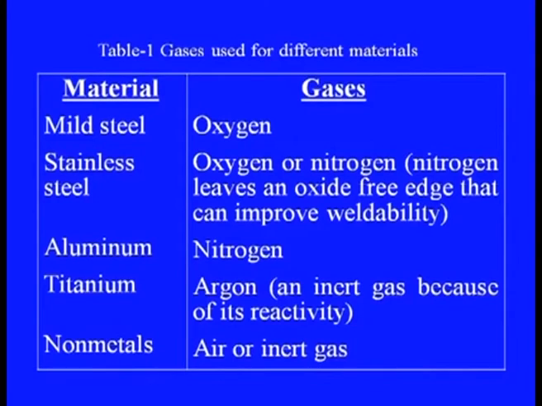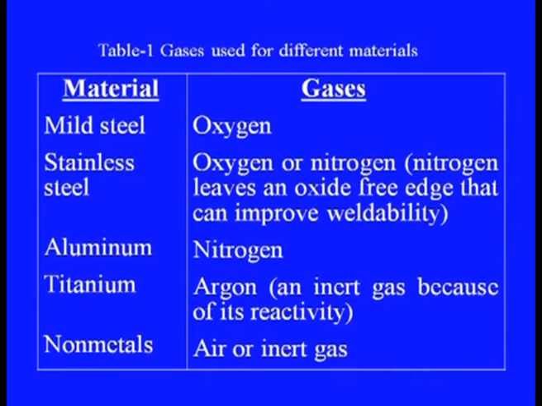Say, for example, for mild steel material, oxygen is used as an assist gas. Similarly, for stainless steel workpiece material, oxygen or nitrogen is used as assist gas. Nitrogen leaves an oxide free edge that can improve weldability. That is another advantage of using nitrogen in this case.